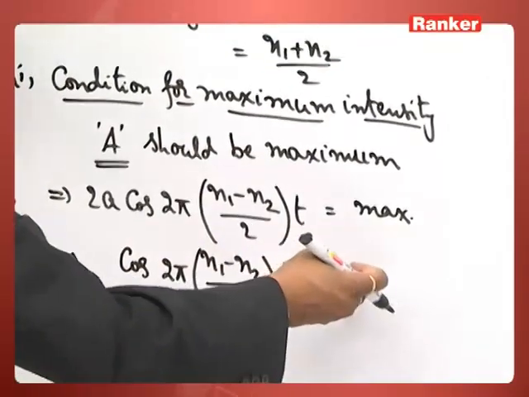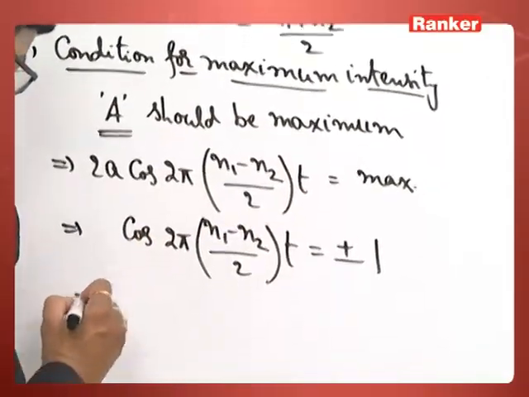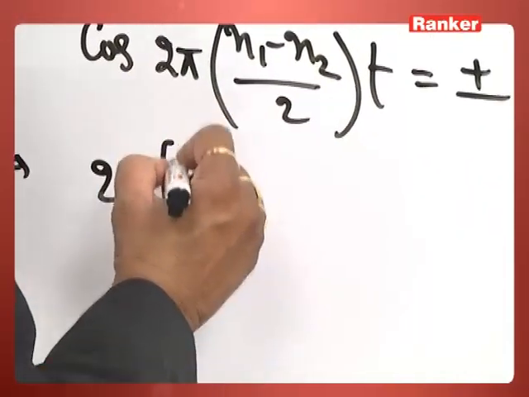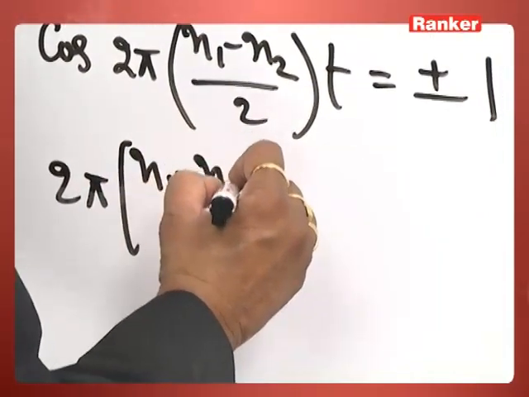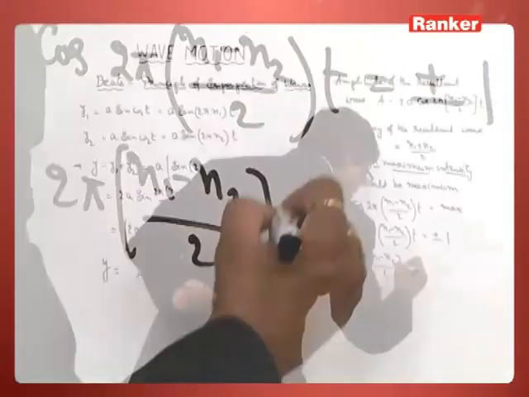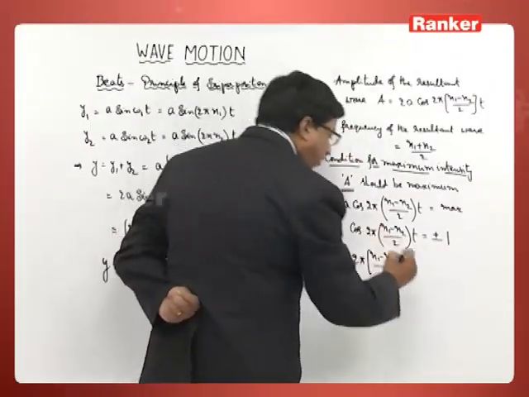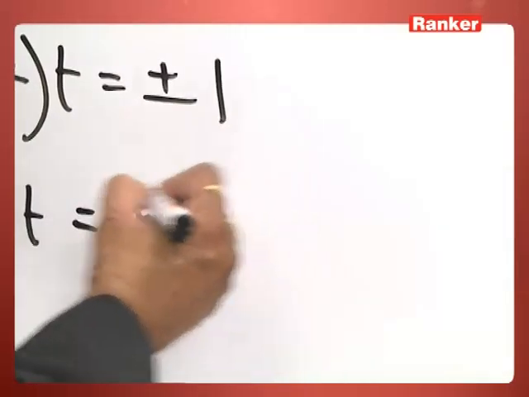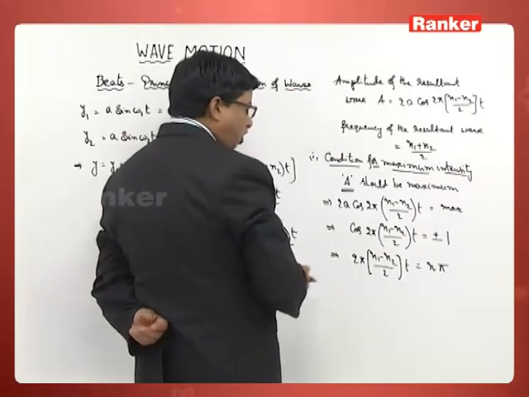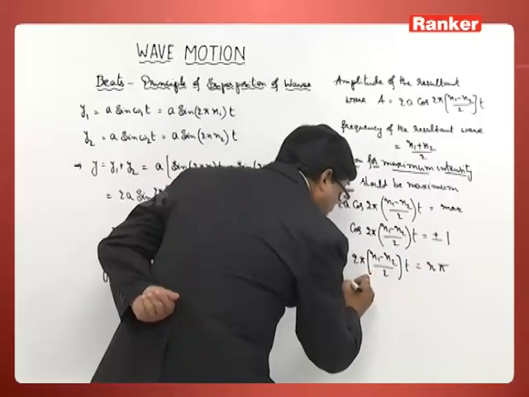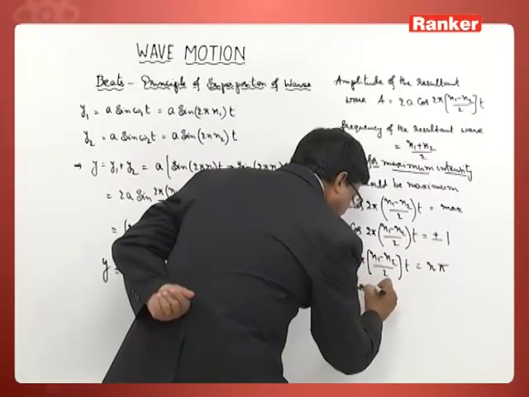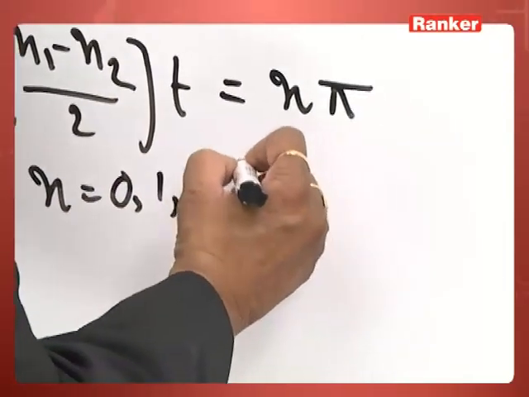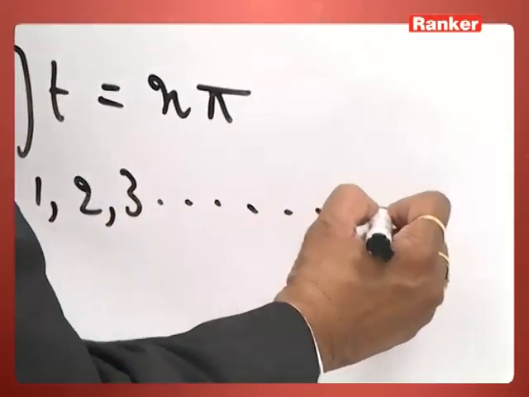When it is plus or minus 1, the next concept, this can be rewritten this way: 2 pi into n1 minus n2 by 2 into t must be n times pi. What is this n here? We can understand directly this way, n as 0 or 1 or 2 or 3 and so on up to infinity.